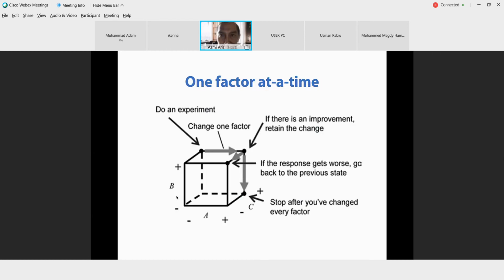Okay, this is one factor at a time. What normally people do in one factor at a time, they have, for example, 6 experiments with a certain variable kept constant, only change one variable, and from that experiment they get the best value for that particular variable. So they continue with the next experiment, 6 experiments again.